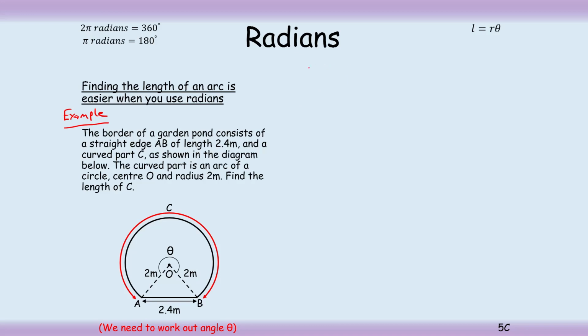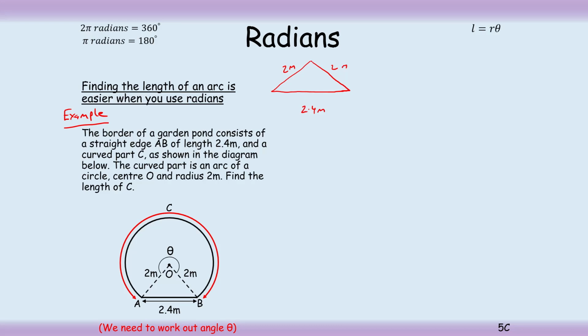So if we recreate that triangle here, let's just sketch it. So there's our triangle. The radius is 2 meters, and this length here is 2.4 meters.